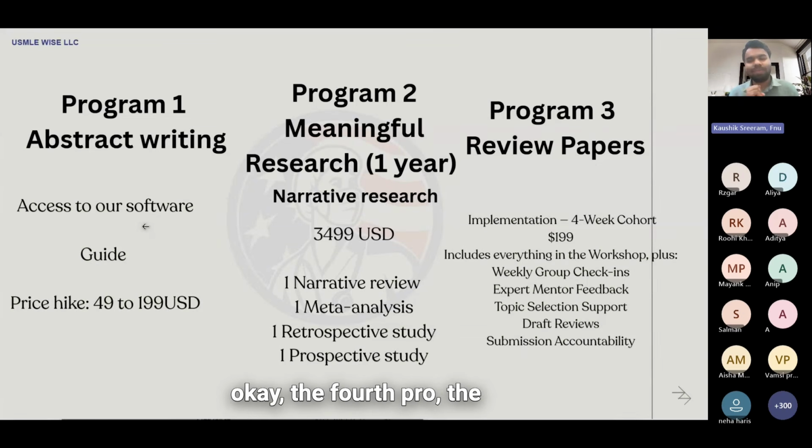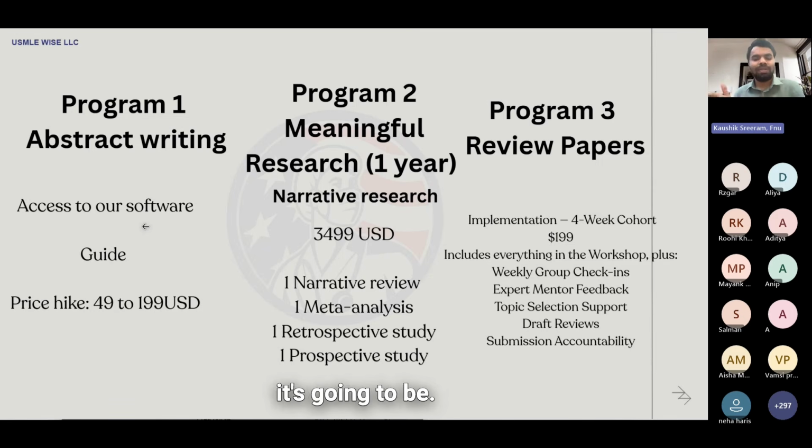Now, the third program is the $200 one. We'll have 1 month with workshops. We will help you with coming up with a topic, and we will guide you on how to write. Since we might not be able to do retrospective and prospective studies, this will predominantly be reviews, meta-analyses, or systematic reviews.